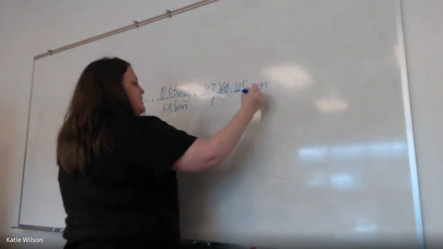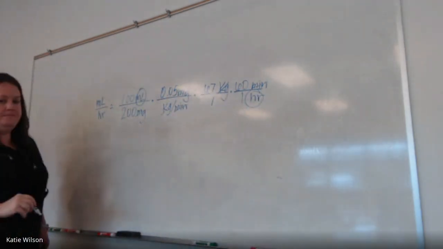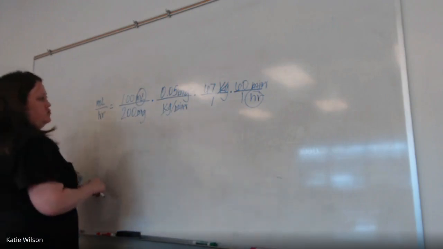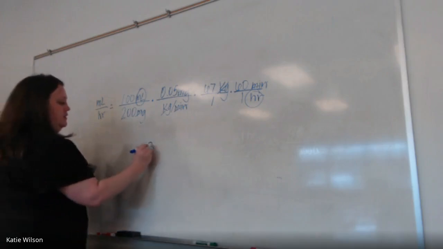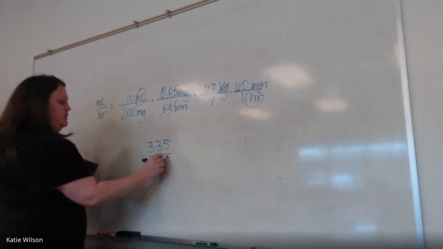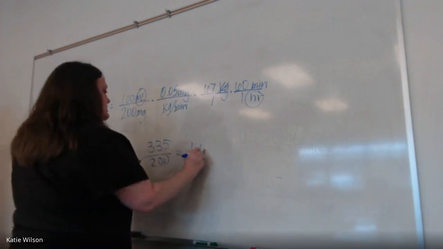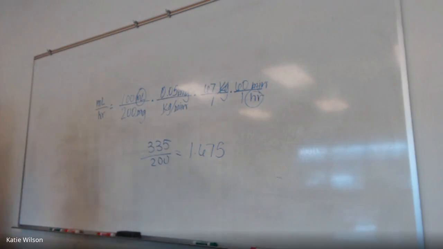That gets rid of minutes, mils on top, hour on bottom. So 100 times 0.05 times 67. 335 divided by 200. And I get 1.675. What am I supposed to round to?